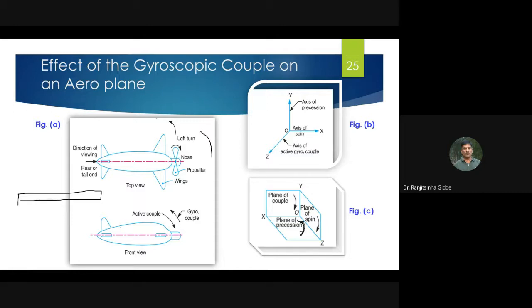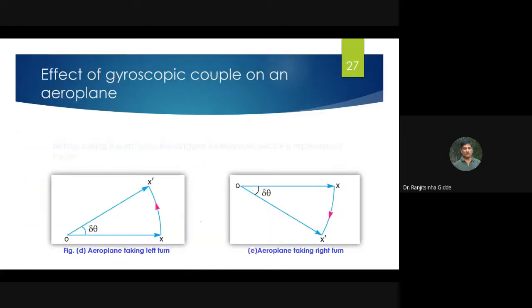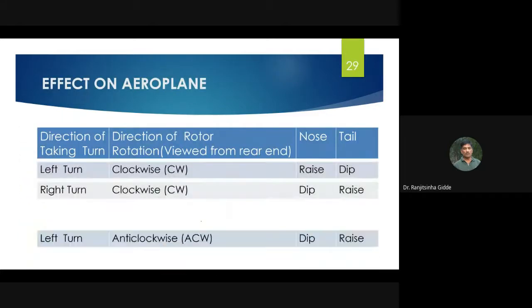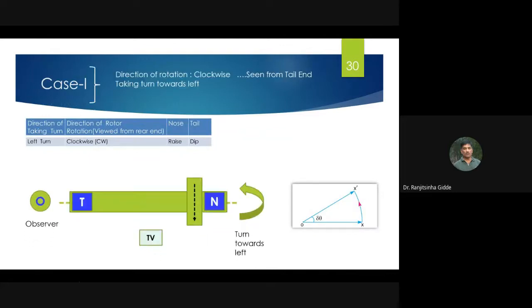Just I will show another slide. So for your understanding, I have made somewhat different figures like this. So this is tail, this one is nose, this is propeller or engine rotating part.